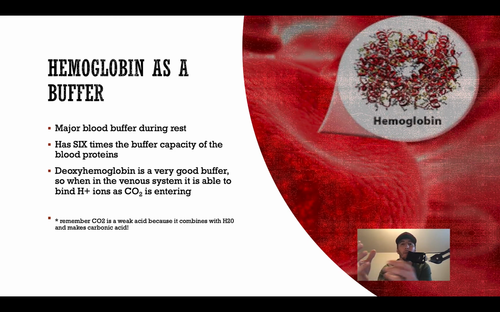It's actually able to bind hydrogen ions as CO2 is entering into the fluid. As CO2 is leaving the muscle and entering into the bloodstream, the deoxyhemoglobin that comprises hemoglobin after it makes it through the capillary beds is going to actually be able to bind hydrogen ions, right?